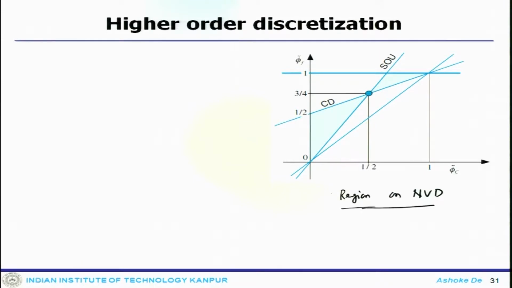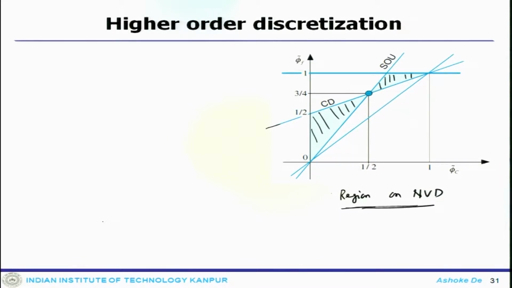Now, if you put the monotonicity region for a second order scheme, it lies in this shaded region, which is bounded between the CD and the SOU. So, this is the zone which will provide the second order accurate scheme.